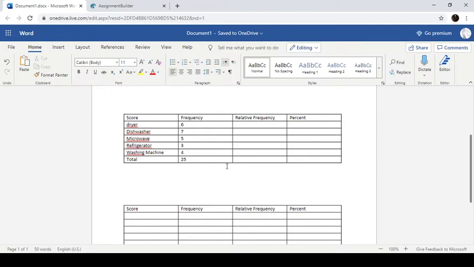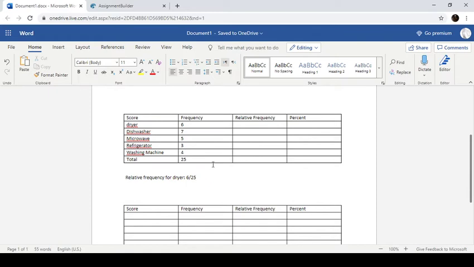So what we can say there is that the relative frequency for dryers would be 6 out of 25 again, so that's 6 divided by 25.